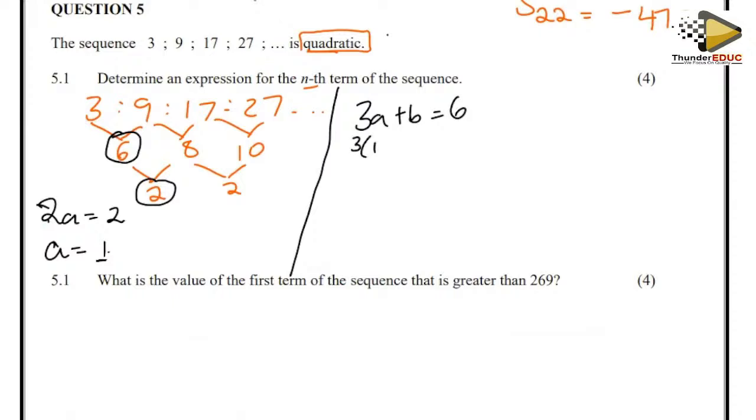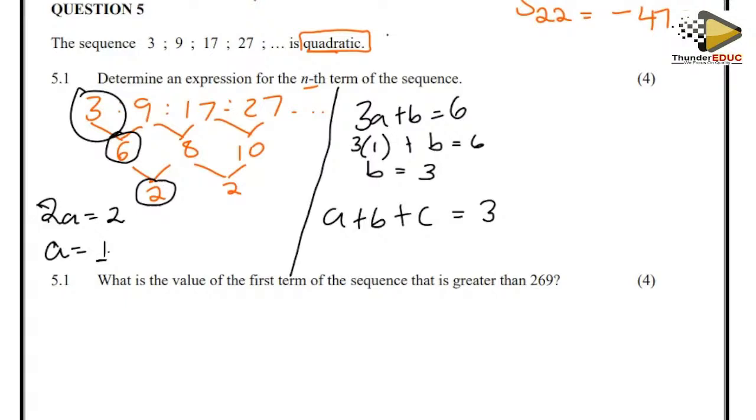So 3 times 1 plus b is equal to 6, which means b is a 3 when you transpose this 3 to the right-hand side. Then we know that a plus b plus c should be the first term of the quadratic, which is 3. Our a is a 1, our b is a 3. We're looking for c. So this is 1 plus 3, which is a 4.